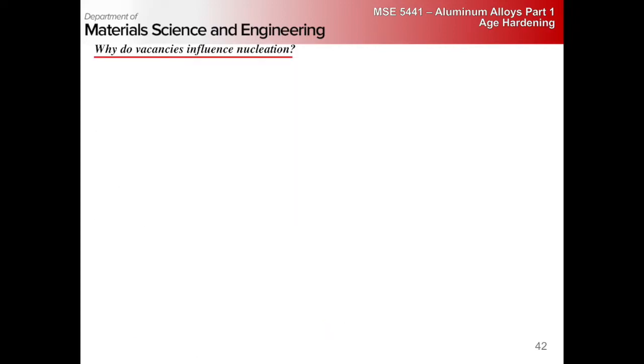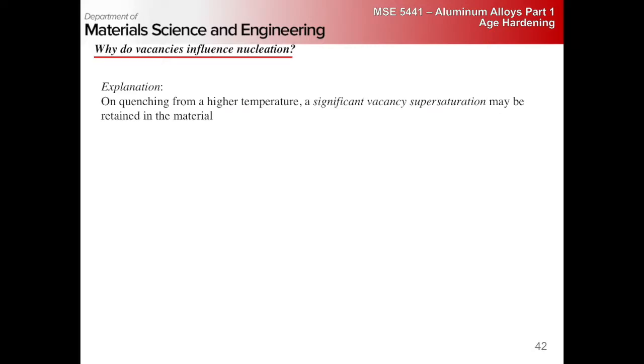Okay, so why do vacancies influence nucleation? On quenching, a significant vacancy supersaturation can be retained in the material. Remember, vacancies move by atomic jumps, so you need enough thermal energy for the vacancies to diffuse through the material.